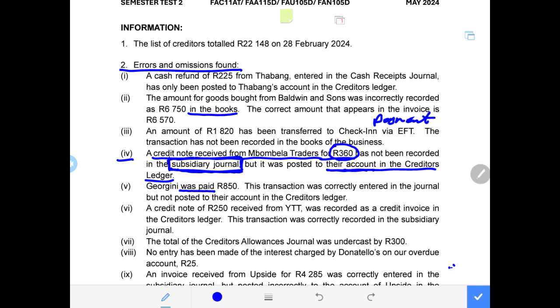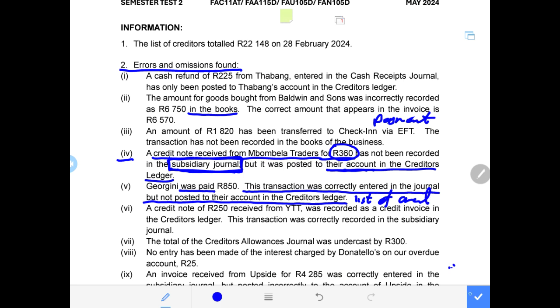So now that means this transaction was correctly entered in the journal but not posted in the account of the creditors ledger. Once again, the same terminology that you see in the previous one. So now that means this will go under the list of creditors.